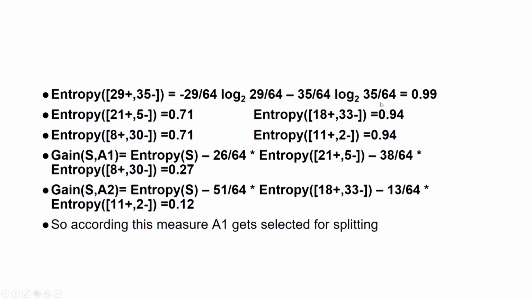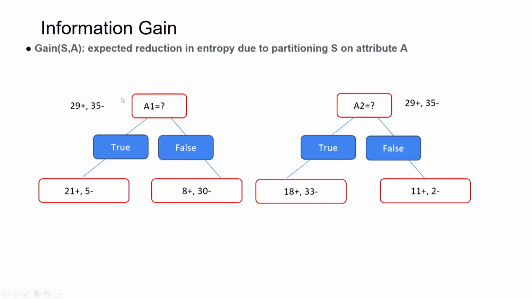When we calculate it, we get 0.99. So, 0.99 is the entropy of this node, the root node. So, entropy of the root node we have calculated.